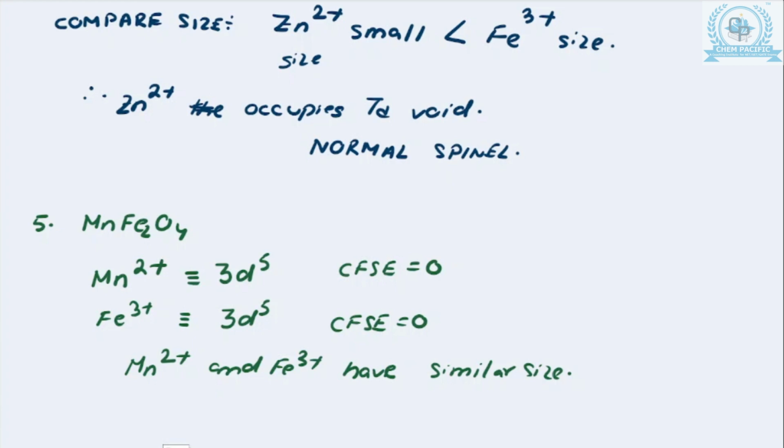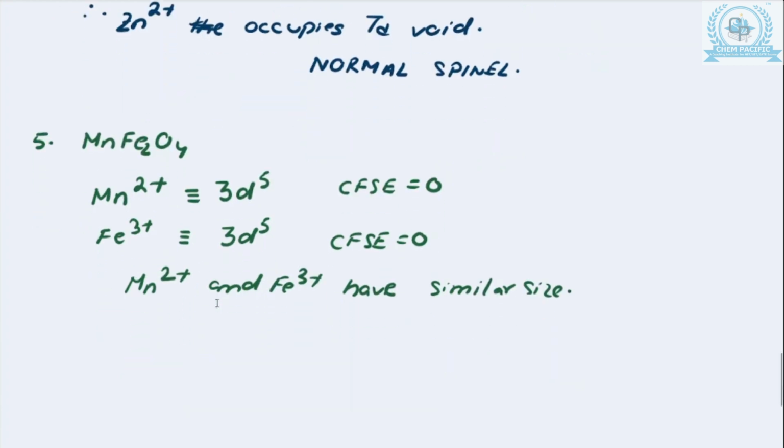Neither can you differentiate them by CFSE, nor by size, because both have comparable and similar size. So there is no restriction on where each will occupy; they can occupy anywhere, and that results in the formation of mixed spinels. This is very important.